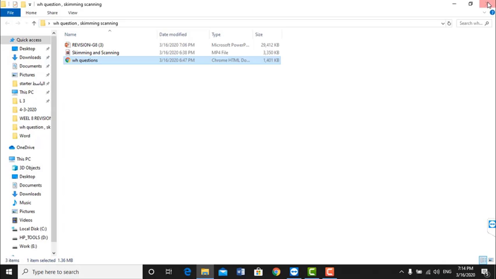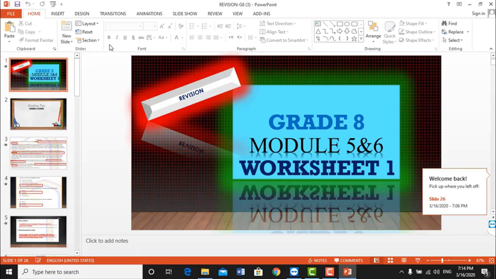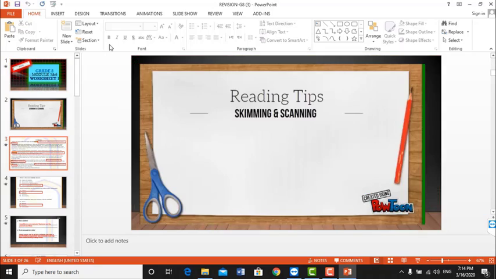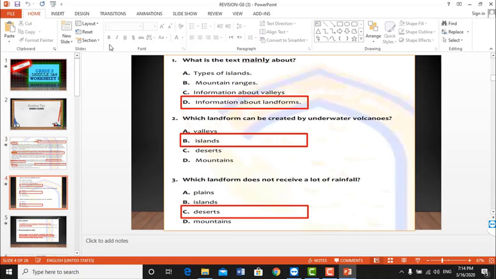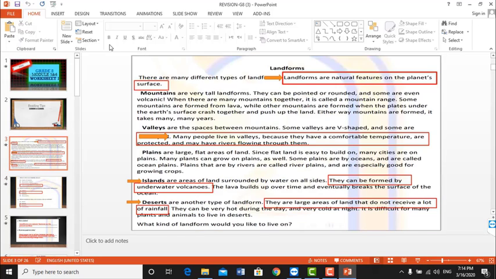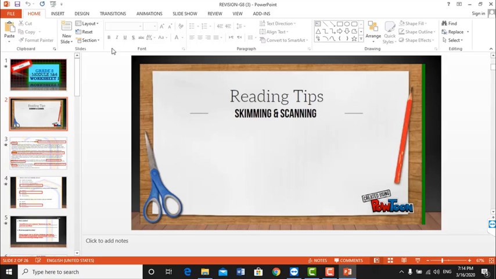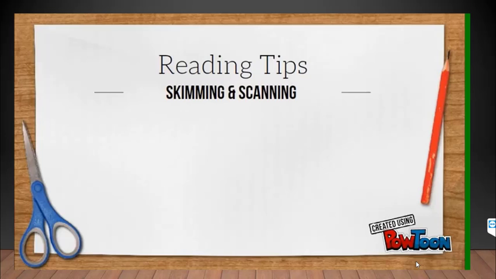Now back to our lesson, back to our reading tasks. The second question is, we've just gone through the first question.